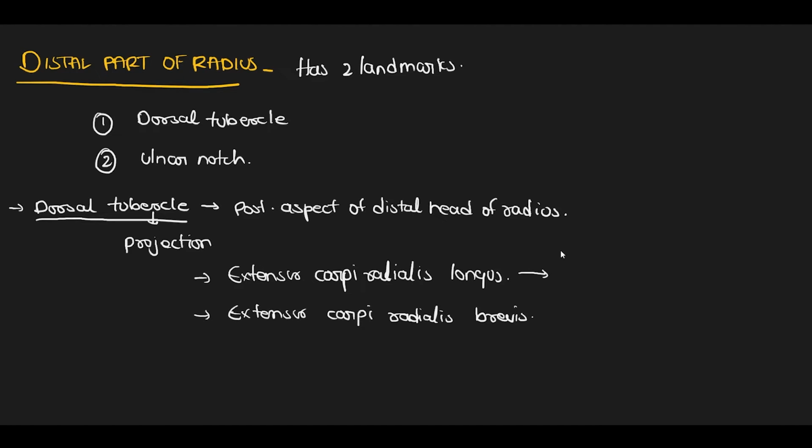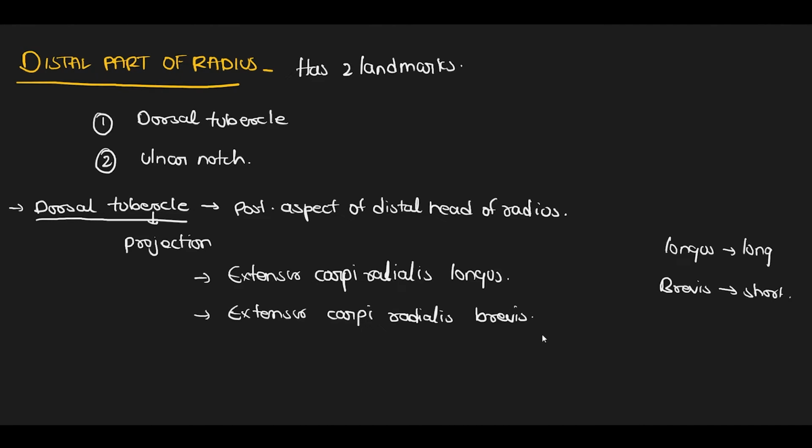So here, what is longus? Longus means long. And what is brevis? Brevis means short. Whenever you see longus in a muscle, like extensor carpi radialis longus, you have to imagine that this is a long muscle. Whenever you see the word brevis in a muscle, that means this is a short muscle.